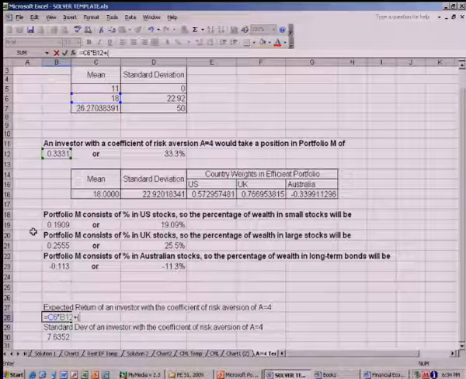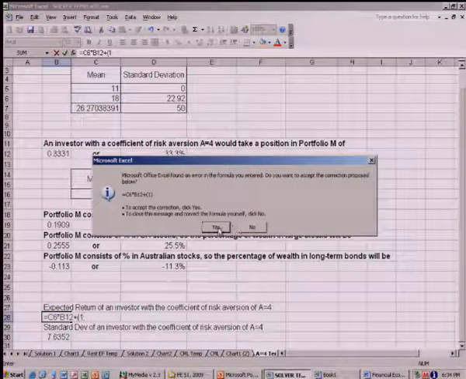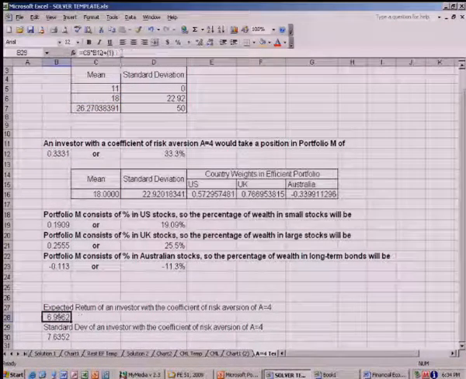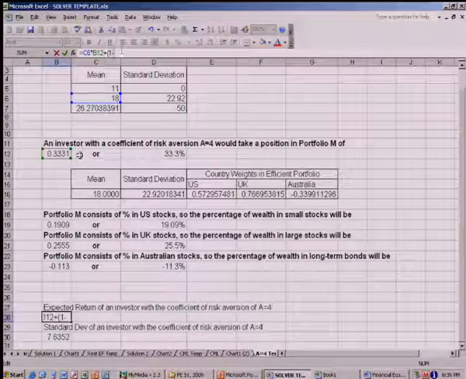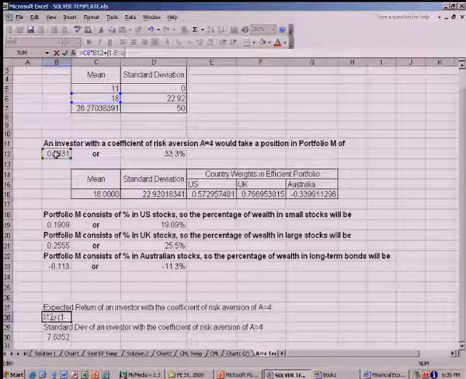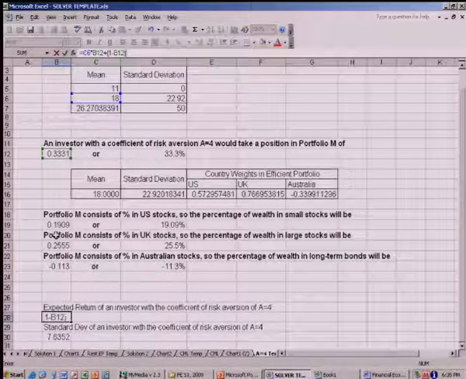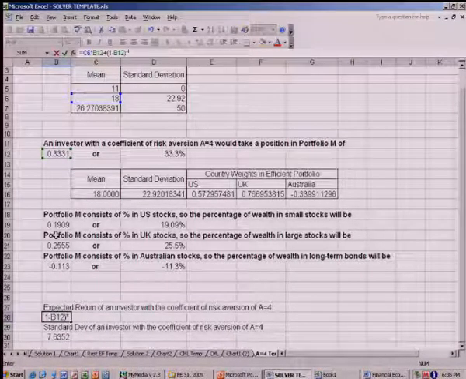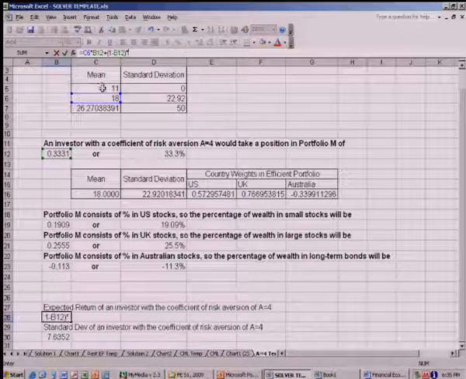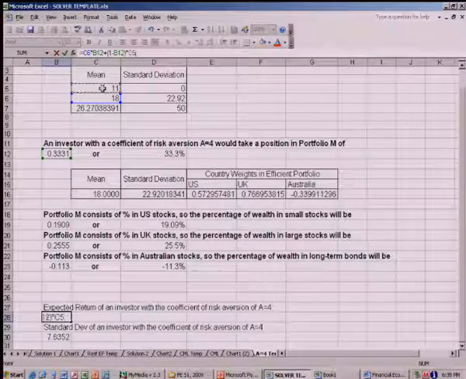So 1 minus the proportion invested in the risky asset, which is 0.33, is invested into the risk-free asset, times how much you're going to be earning on the risk-free asset, which is given to us as 11%. That's the risk-free rate of return.